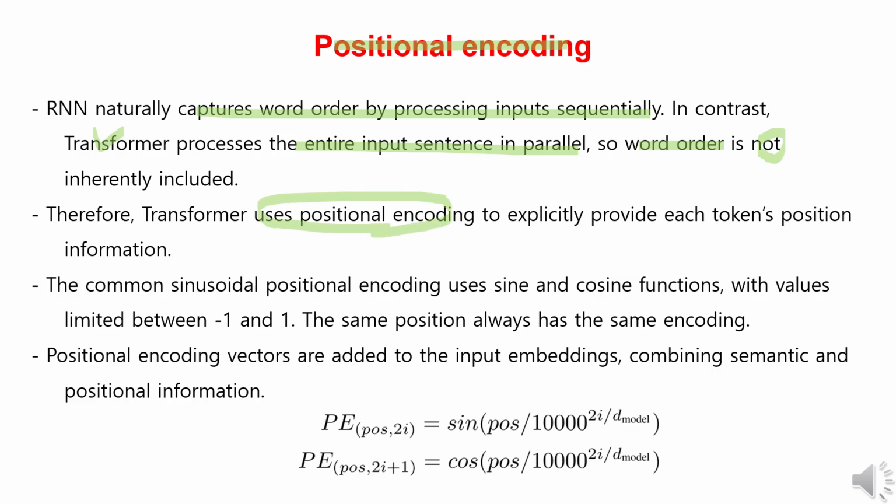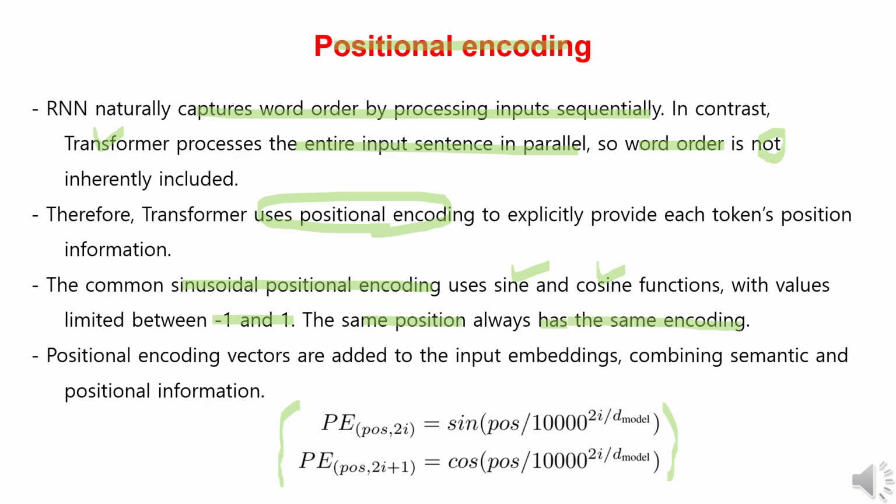The representative method proposed in the paper is sinusoidal positional encoding, which uses sine and cosine functions, as shown in the equation below. These values are bounded between -1 and 1, and the same position always has the same positional encoding.